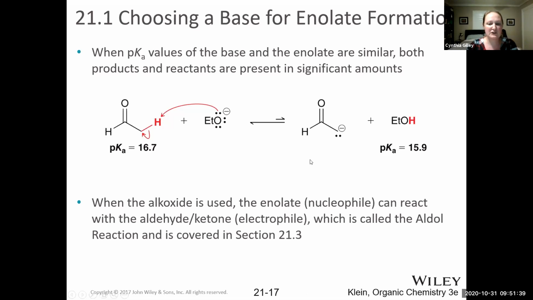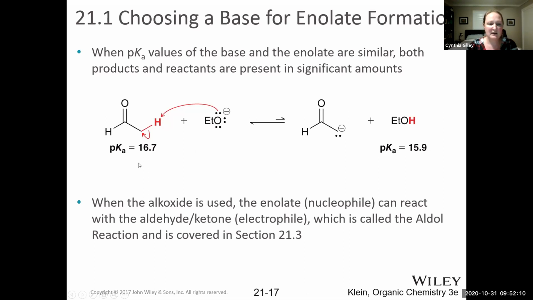It would not change the values in this acid-base equation at all, which resonance contributor is drawn here. The conjugate acid in this reaction is ethanol, and ethanol has a pKa of about 15.9. Notice that these pKa values are not significantly different. And so what that tells me is that sodium ethoxide is not a strong enough base to fully deprotonate the alpha position of an aldehyde.